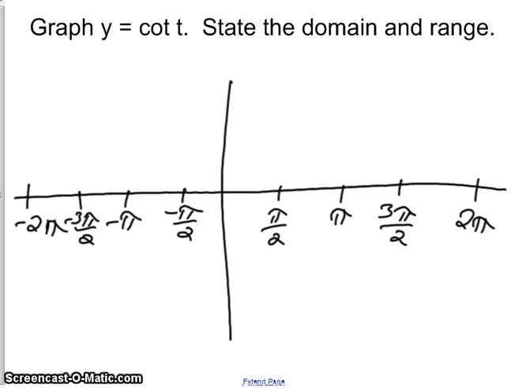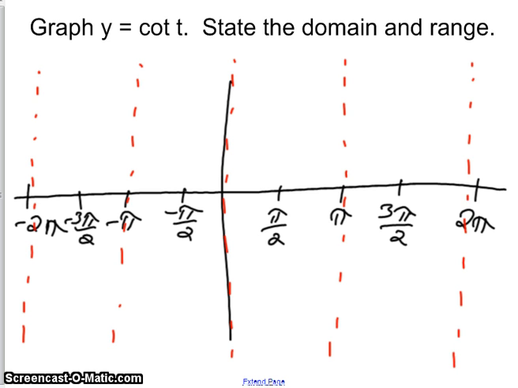All right, so tangent is 0 at all of the multiples of pi, including 0. So here is where my vertical asymptotes for cotangent are, at all of the multiples of pi, including 0. Cotangent is 0 wherever tangent was undefined, which is the odd multiples of pi over 2.